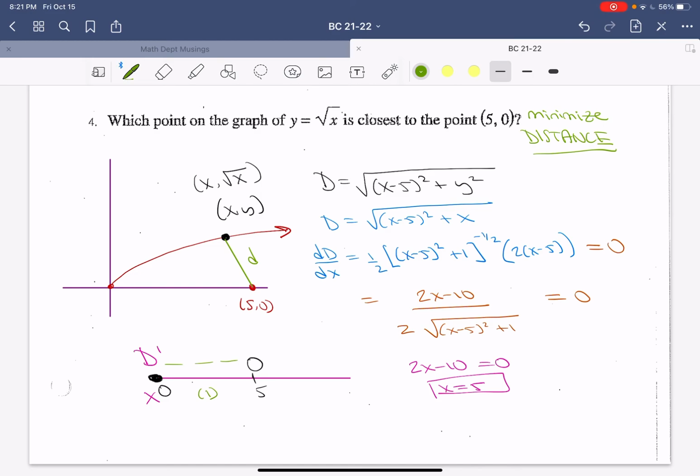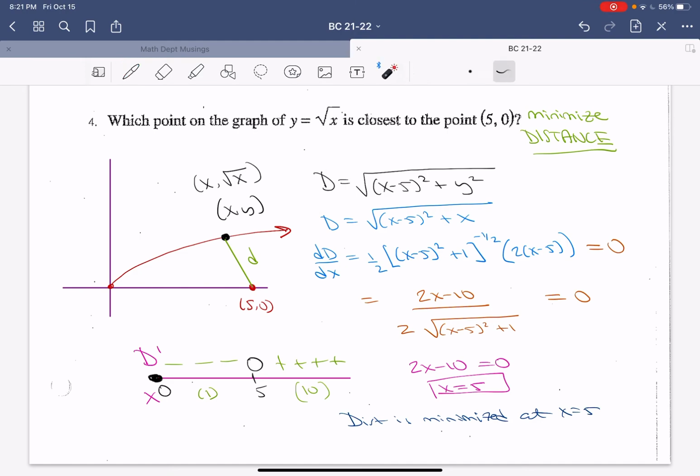I'll plug in a value like 10 over here, okay? And positive, positive, positive, positive. If you take a look at this analysis, by the first derivative test for extrema, d, the distance, is minimized at x equals 5.